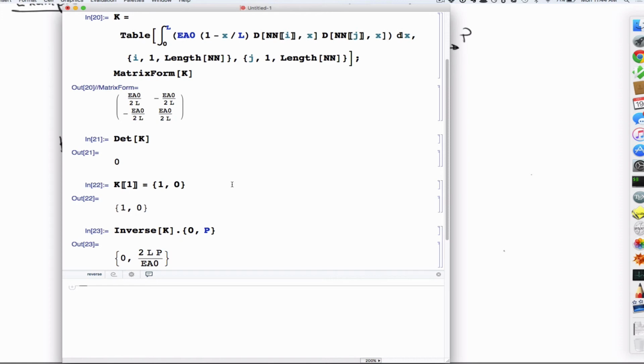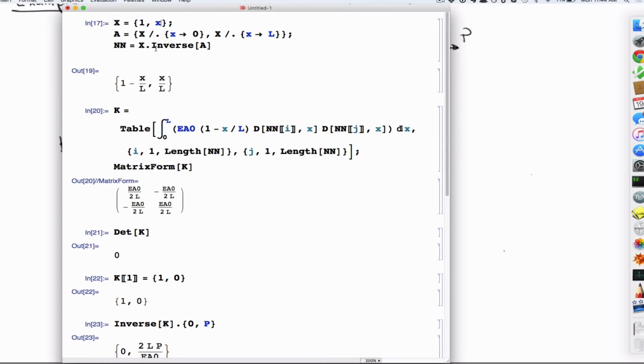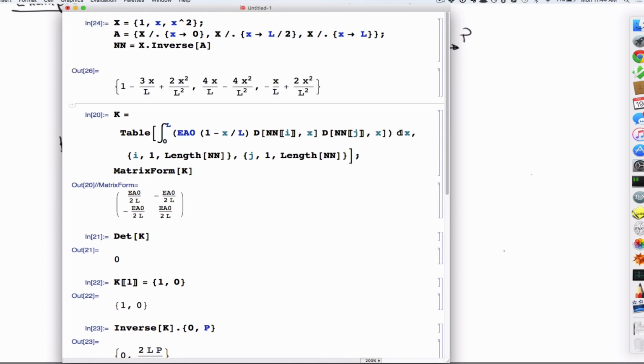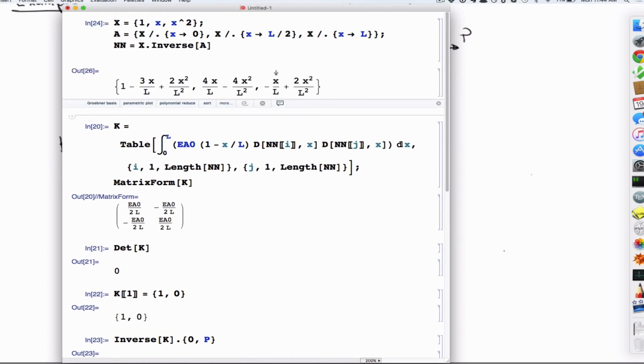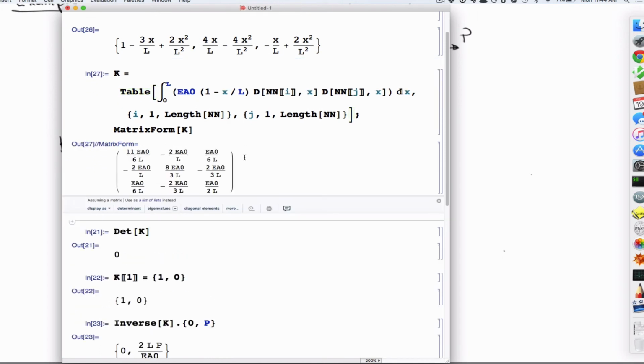And then you can go higher order. So now we're going to do a quadratic interpolation with a midpoint node at L over 2. So there's our shape functions. Don't need to change anything here. Now our stiffness matrix is bigger because there are 3 nodes.